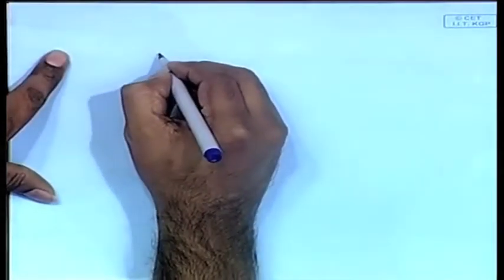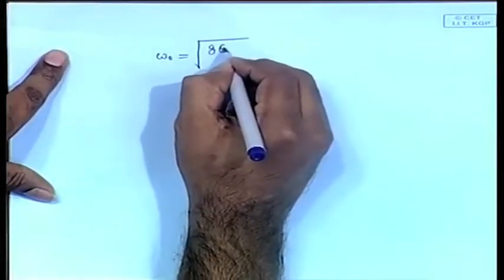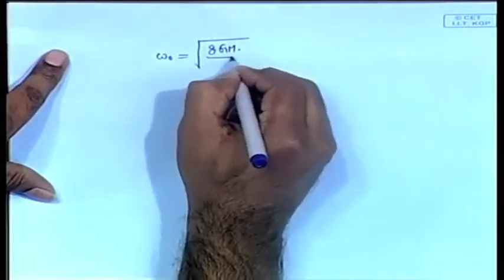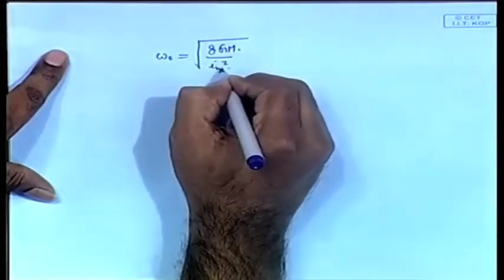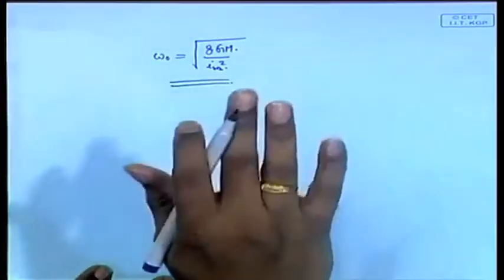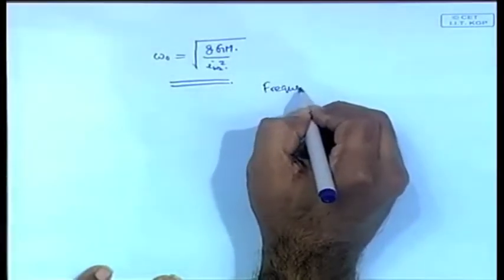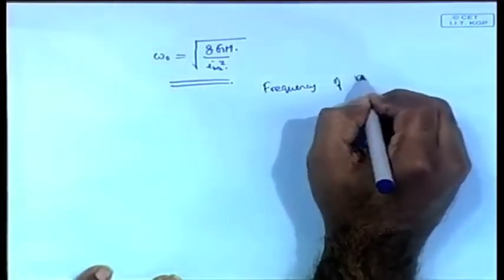That is given by omega 0 is equal to root of g GM by k squared. This is the expression for the frequency of rolling, or from this you can get the time period. 2 pi by omega will give you the time period. So this gives you the frequency of the rolling motion.